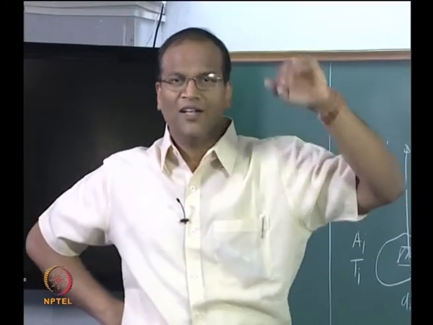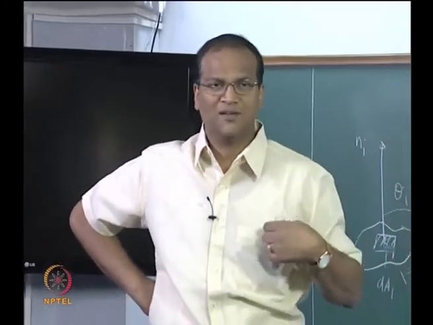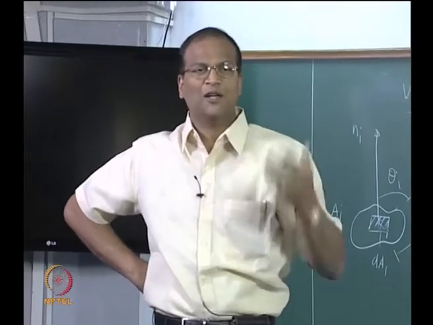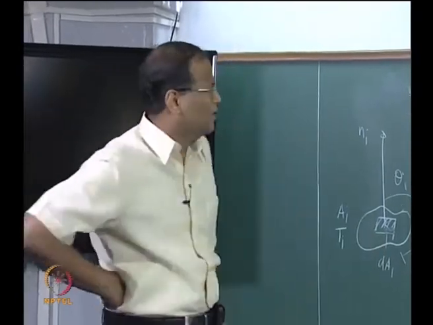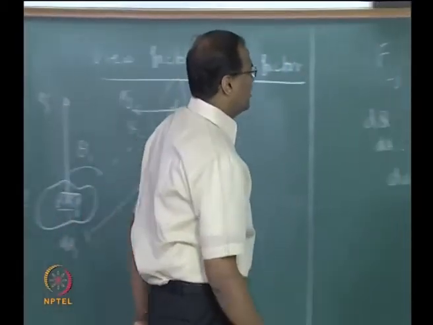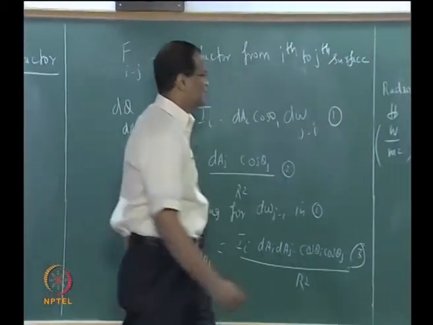I will tell towards the end, we will list out the assumptions under which this theory is valid. Now can I convert the I to J, right?